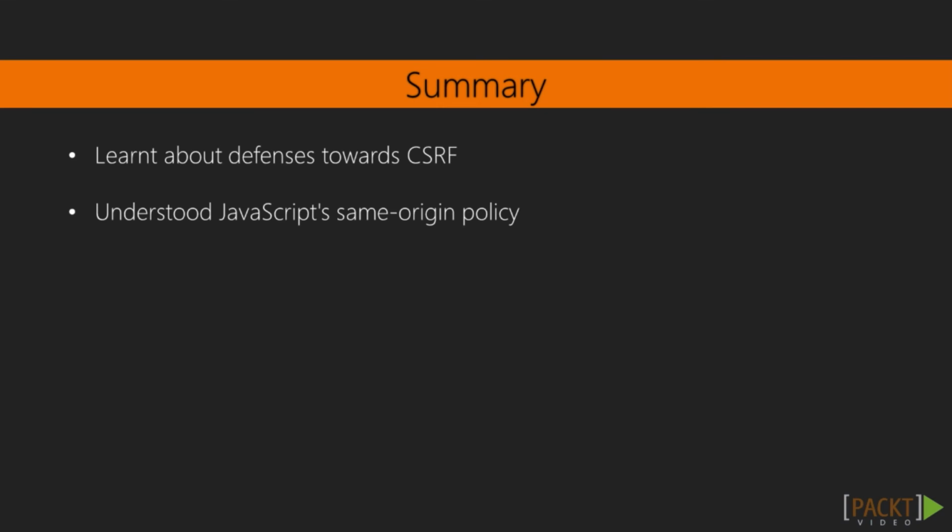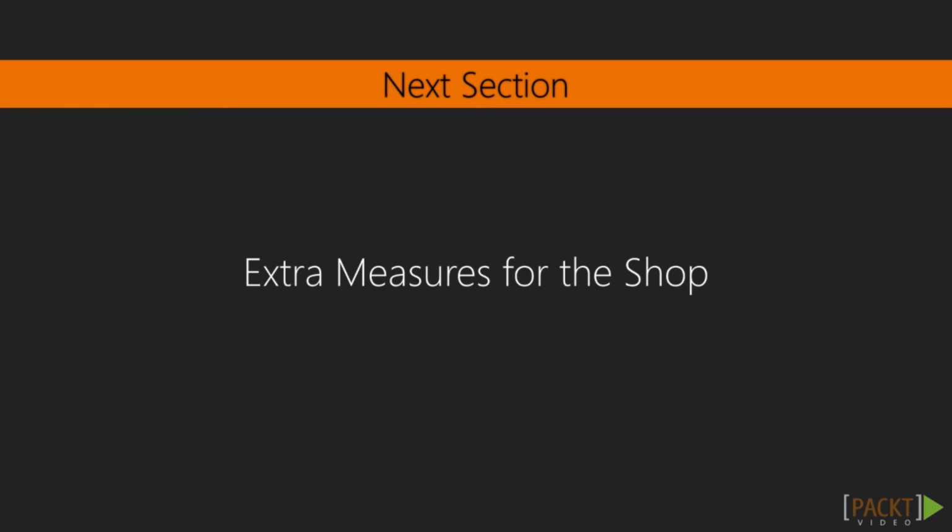It's basically stopping the token from being read from the source. So in this section, we've overviewed CSRF. We've looked at what it is, we've looked at different tools, and we've also learned about the defenses. In the next section, we'll be looking at extra measures for the shop, which is the last section.